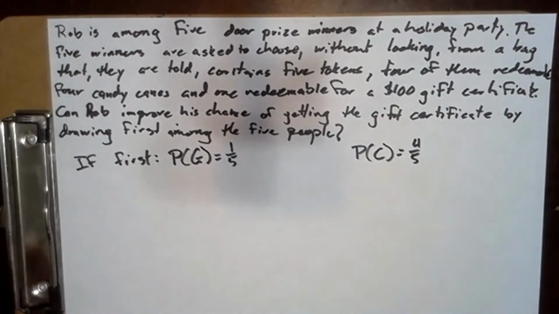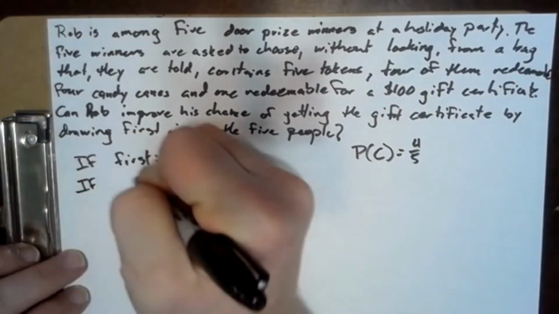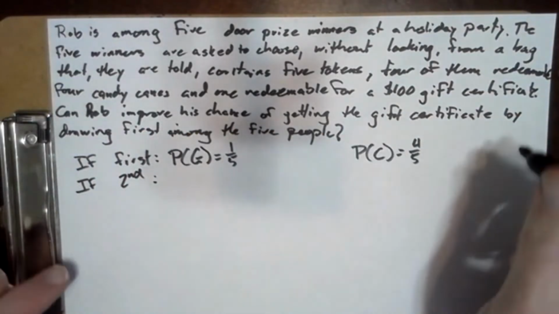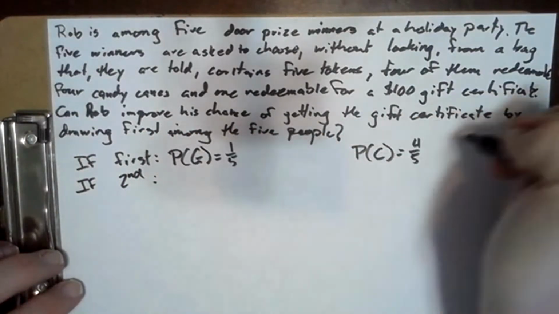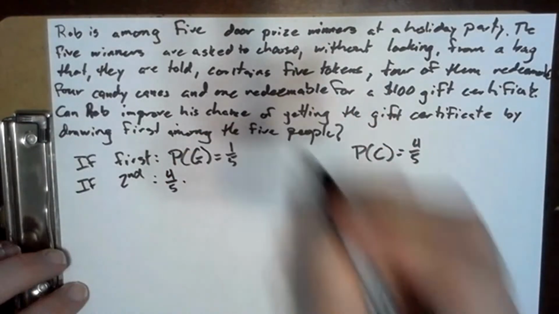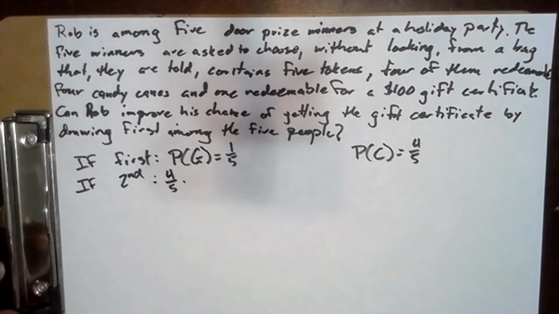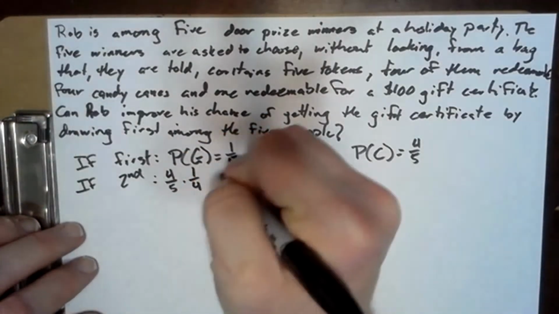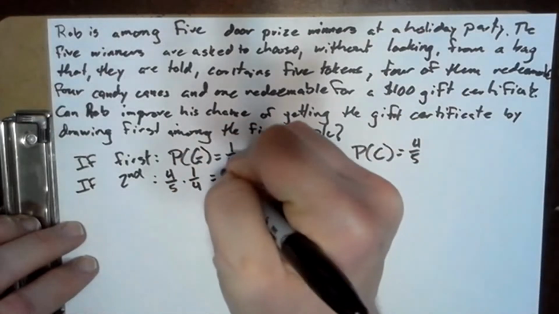Okay, now if he goes second, the probability that the first person draws the candy cane is 4/5. But then the probability that Rob draws the gift certificate is 1/4. And 4/5 times 1/4 is 1/5.